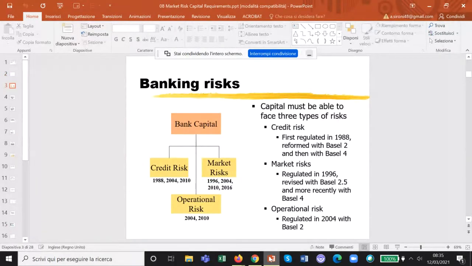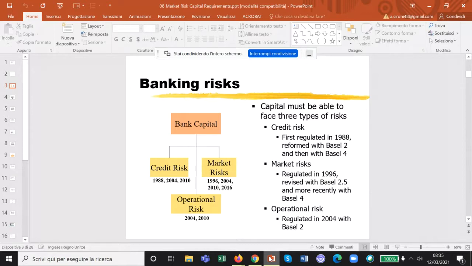Now, in terms of what has been the evolution, just a very simple slide that gives you an idea of what has happened in the last, I would say, 30 years. So capital requirements were first introduced in 1988 by the Basel Committee, and they were actually only concerning credit risk.